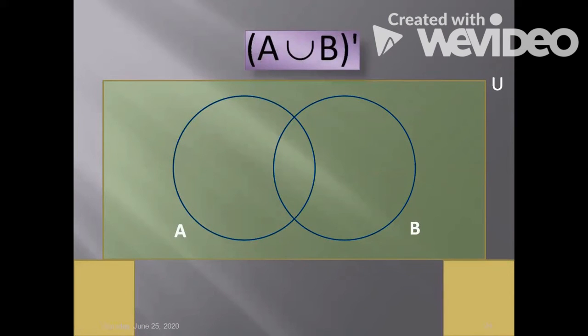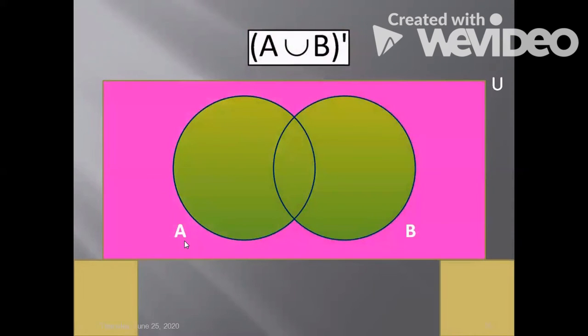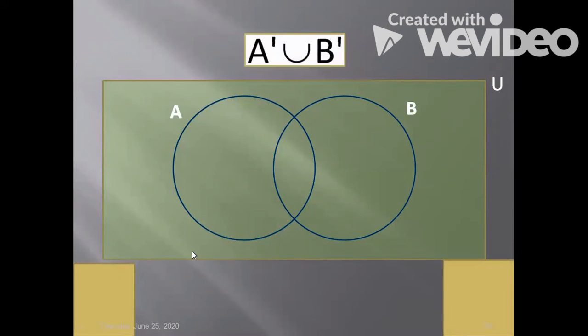All right. Now this is A union B complement. Now if A union B means the entire two circles, both of them, then A union B complement would be everything outside the circle. All right. What about this one?